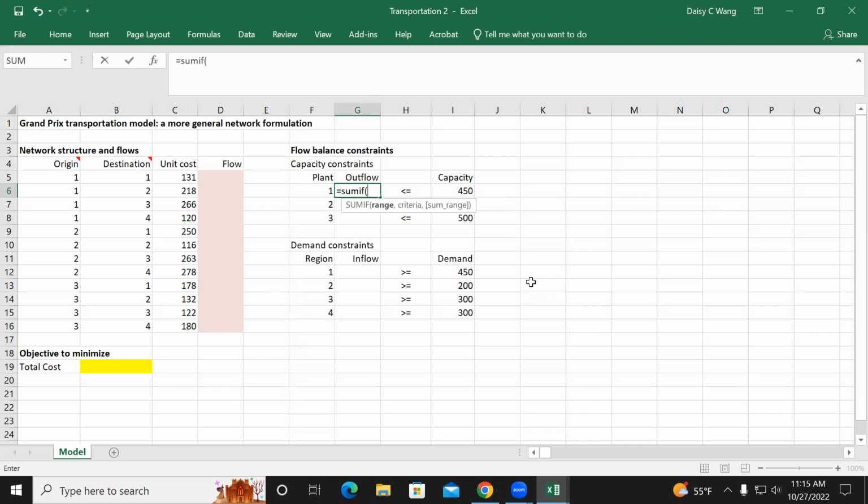If in that range the information meets the criteria, then they are going to sum whatever other range you tell Excel to. So where should we do the range? Yes, we should do plants, right? And then the criteria will be when it's equal to 1. Then we sum the flow, the quantity.